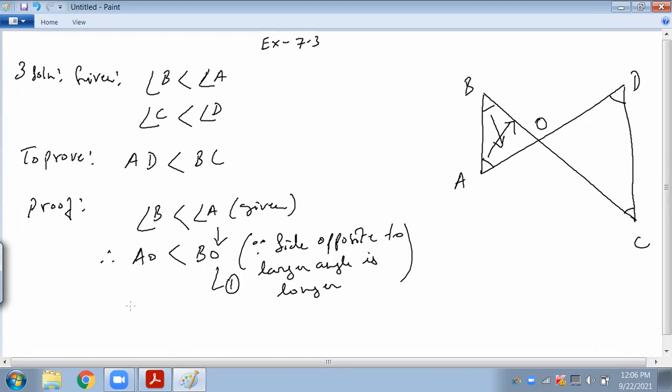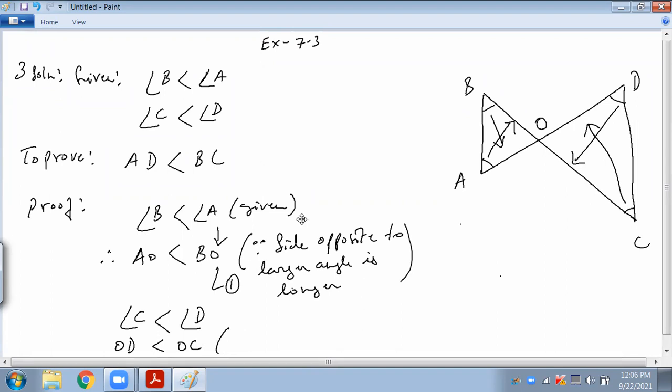Again, we can take the second given, that is angle C is less than angle D. Now, C and D are angles of this triangle COD. Opposite to angle C is what? OD. So we can take OD less than. Opposite to angle D is what? OC.